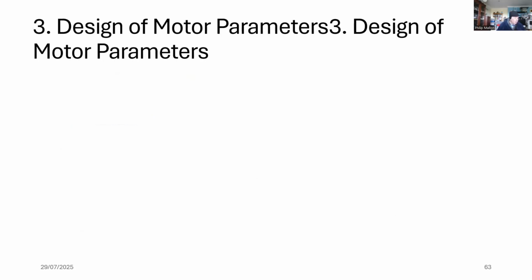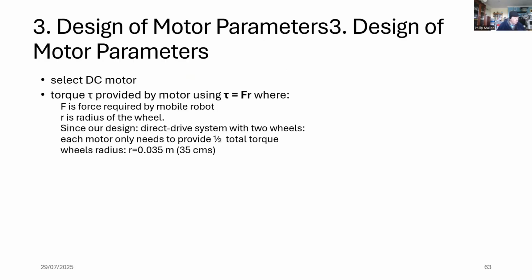Okay, so we select the DC motor, and the torque on that is provided by force times radius, the radius being the 35 millimeters of our wheel. So the torque is going to be 1.5 newtons times the radius, and we end up with a torque of 0.0273 Newton meters.